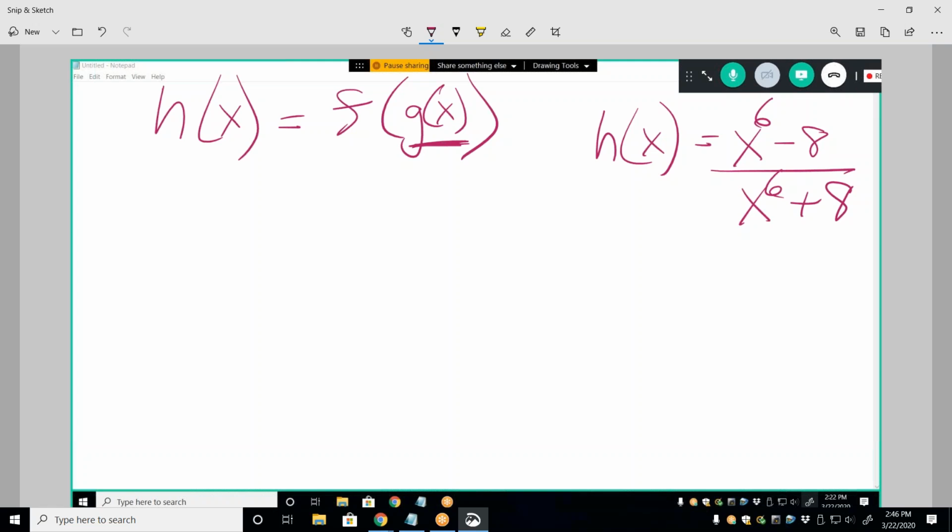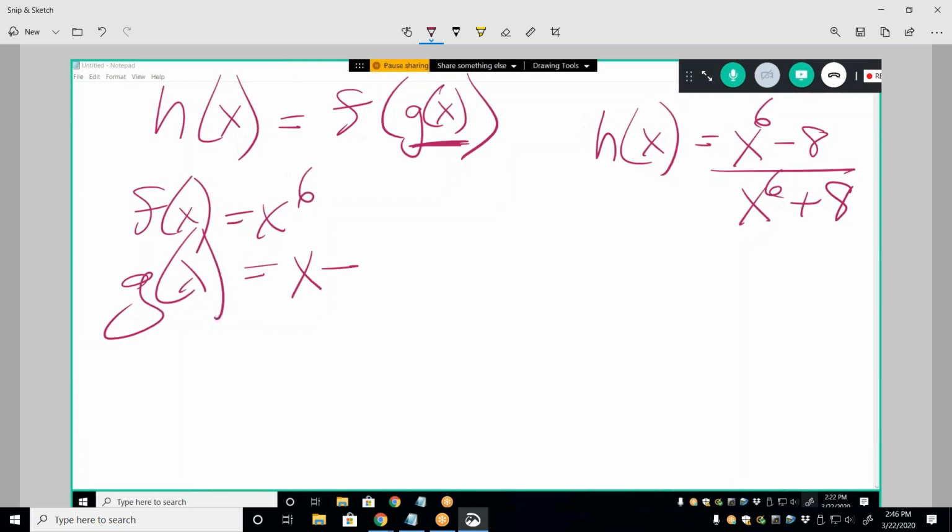What are they asking for in the multiple choice answer? Is it the f of x? Well, yeah. Choose the correct answer below, and then there's f of x equals x to the sixth, g of x equals x minus 8 over x plus 8. Hold on. And then the next, x minus 8 over x plus 8. Yep. Okay, that's about as far as we need to go.